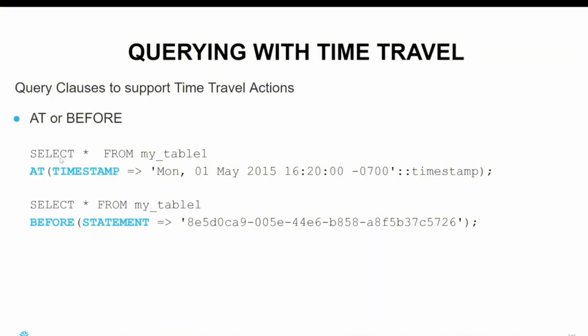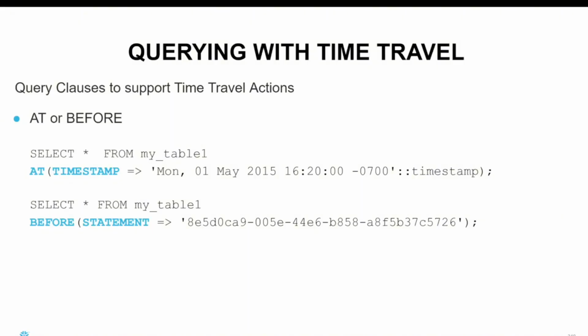From a particular table, if you want to access historical data at a specific timestamp, whatever the snapshot of your table was at that point in time, you can access it with this query. Or if you want to access the data before running a SQL query, let's say you mistakenly ran a delete statement on your table, where you deleted some IDs. When you run that delete statement, it generates a query ID for that SQL.